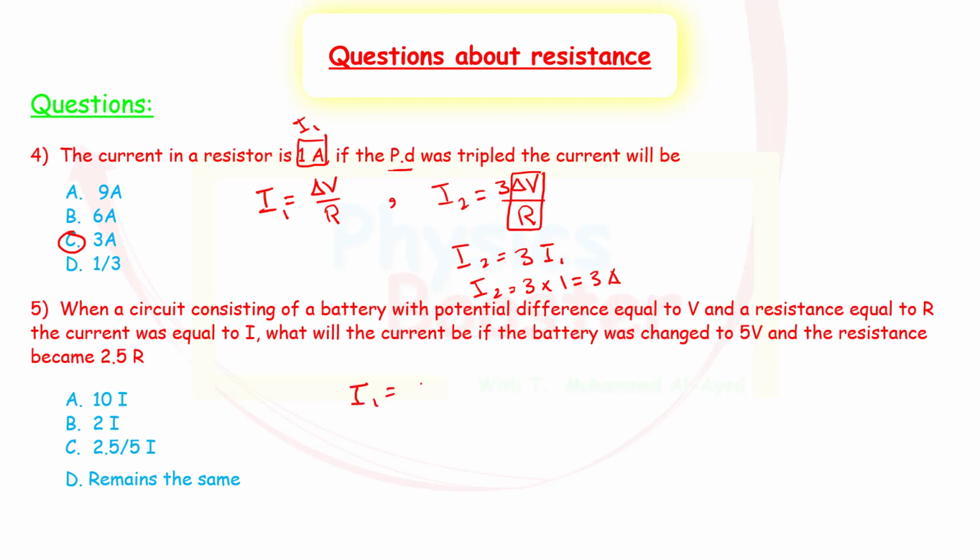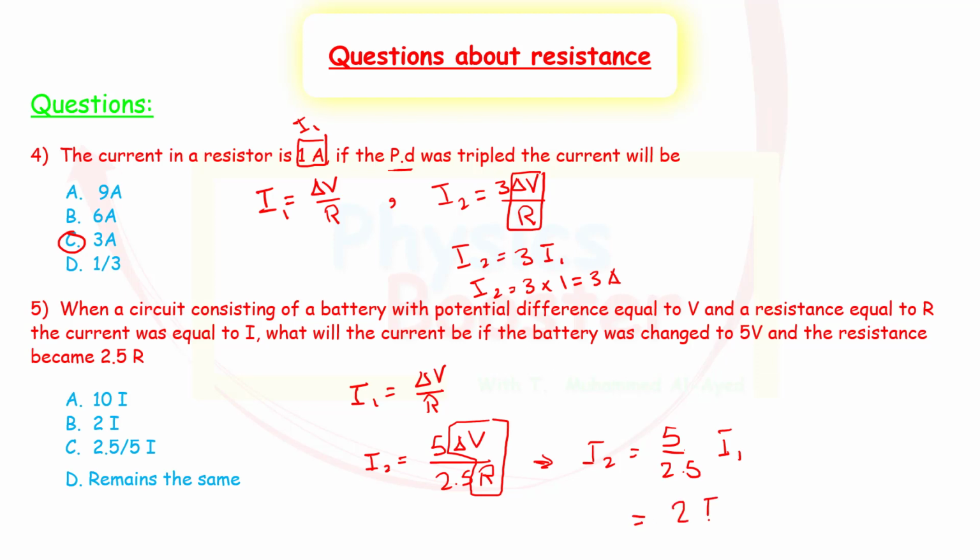Let's call this I1, which is delta V over R. And let's call this I2, where delta V became 5 delta V and R became 2.5 R. And we can just simply replace this with I1, and we can say that I2 is equal to 5 divided by 2.5 I1, which is equal to 2I1. So the answer is B. It's clear that it is 2I.